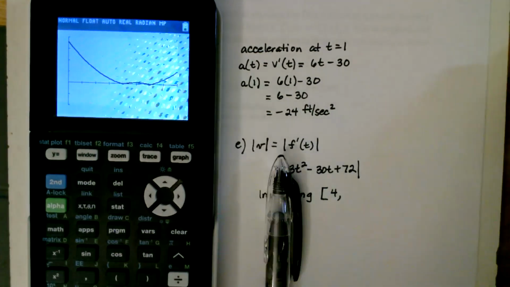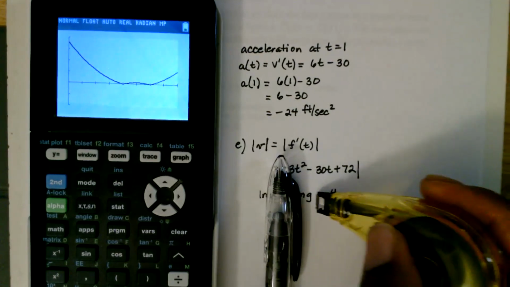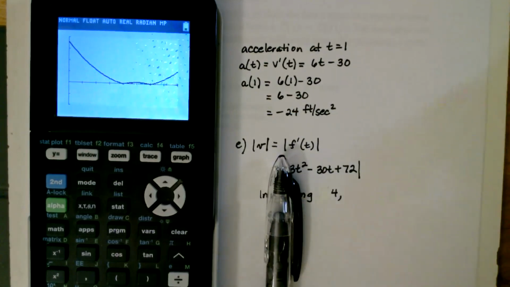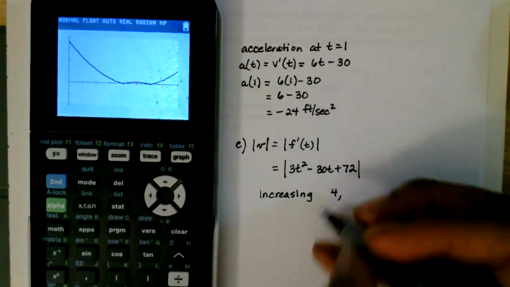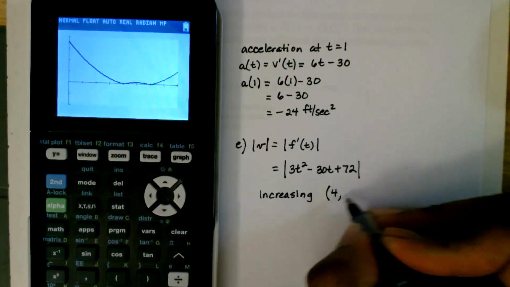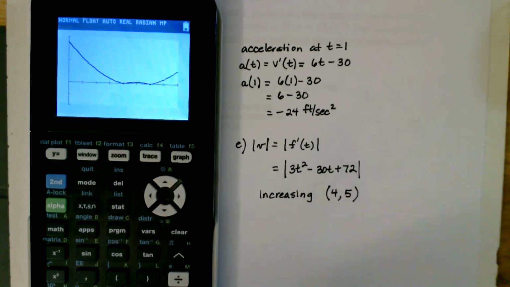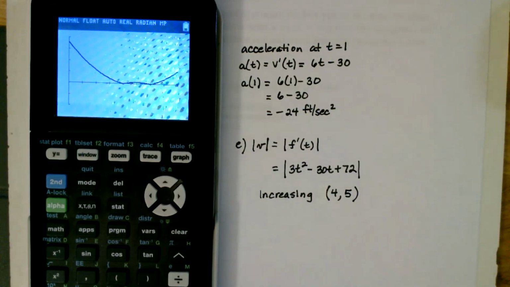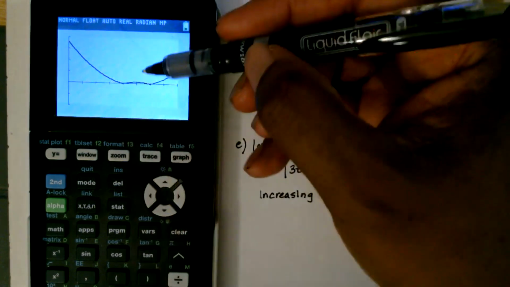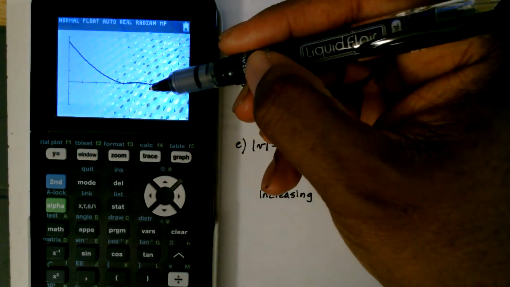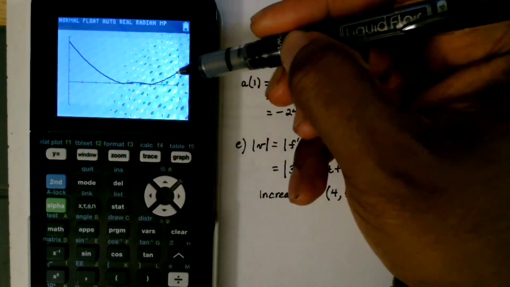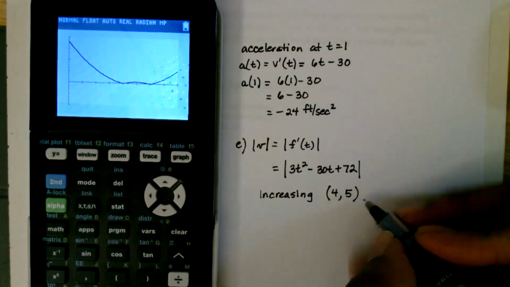And actually, I cannot use brackets. I need to use parentheses. So between 4 and 5 is increasing. Okay, because after 5, it starts decreasing when you get down to 6. And then from 6 on out, it starts to increase.